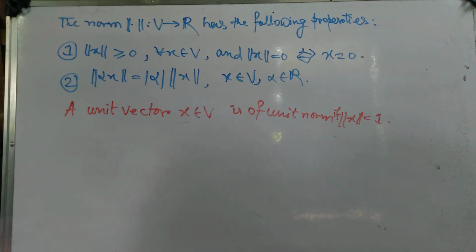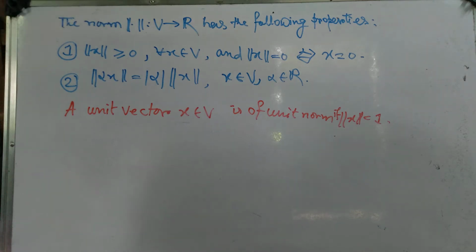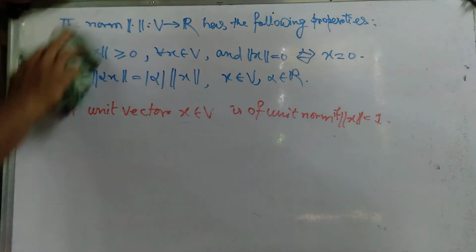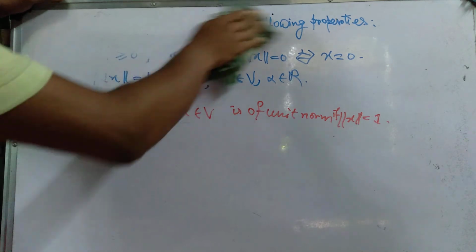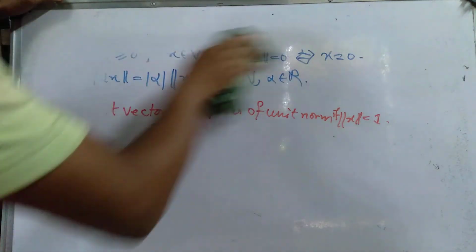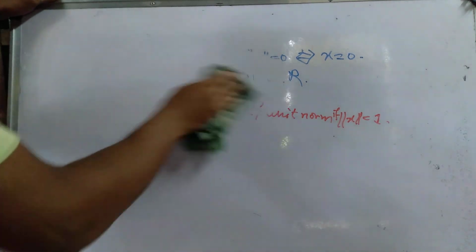And also we discuss a further property of norm. Now we go to one important theorem on norm. Before this theorem we also see an example, which we discussed in the previous class.